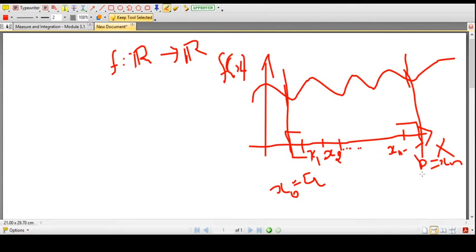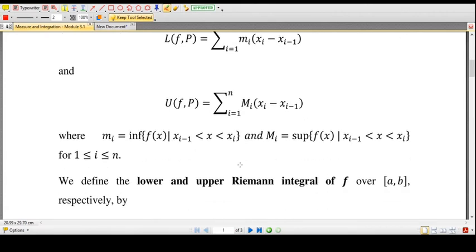Okay. Therefore, in each subinterval we take the infimum and supremum of f of x, or the minimum and maximum value of f of x. How do we find them? What are the small mi and capital Mi?